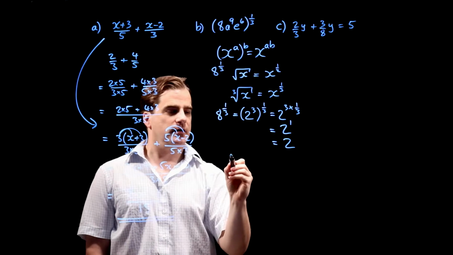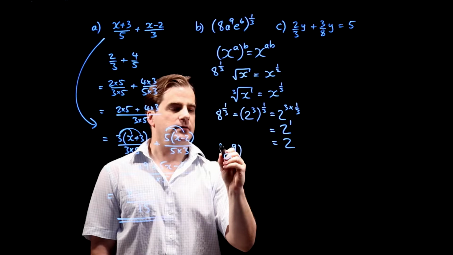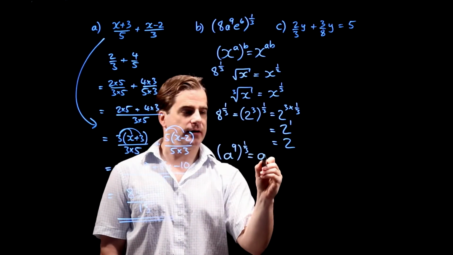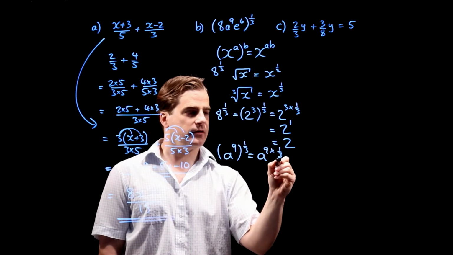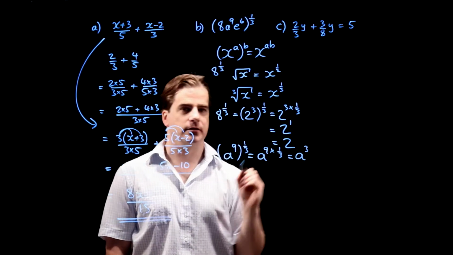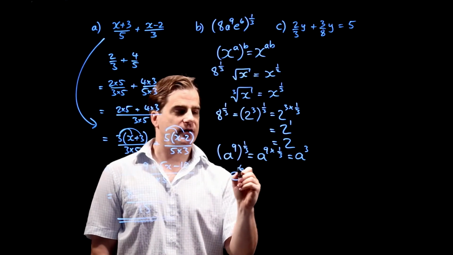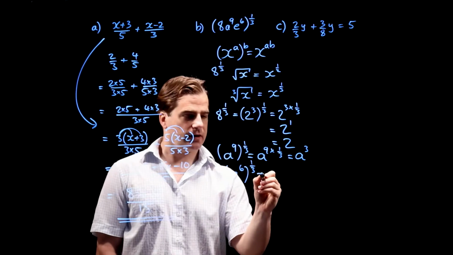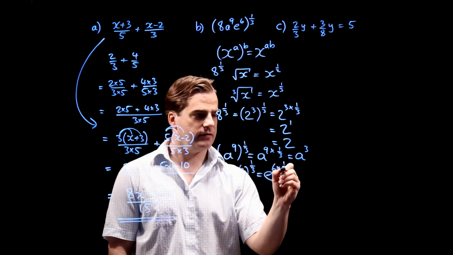Now we've got a to the 9, to the power of a third. So that's just a to the power of a third times 9. A third of 9 is 3. Now the e to the power of 6, all to the power of a third, is, using the bracket rule, e to the power of 6 times a third.